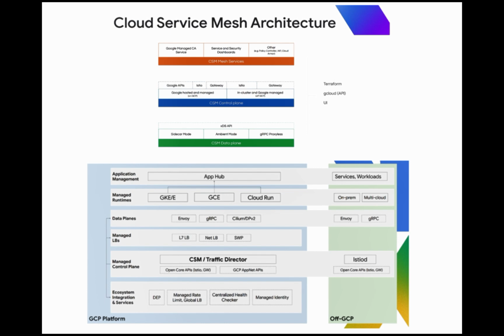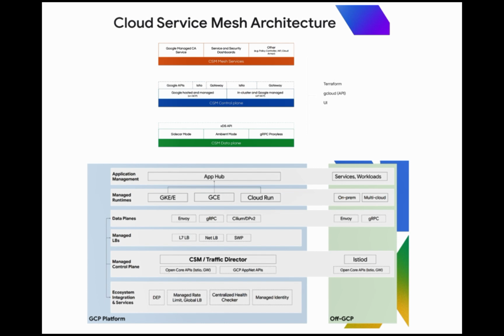Since multiple cloud runtime options are available at Traffic Director, you can leverage those features in CSM too. In the managed runtime on Google Cloud platform, you have your GKE, GCE, Cloud Run and all. Similarly, off GCP, you can do it on-prem as well as multi-cloud.